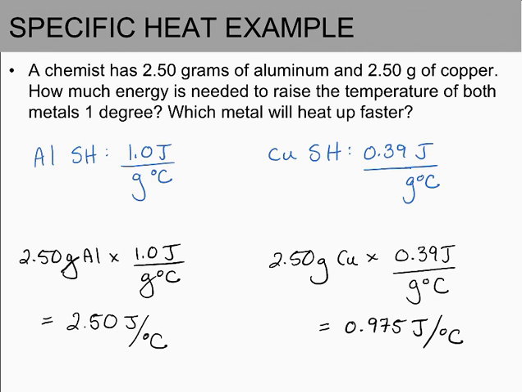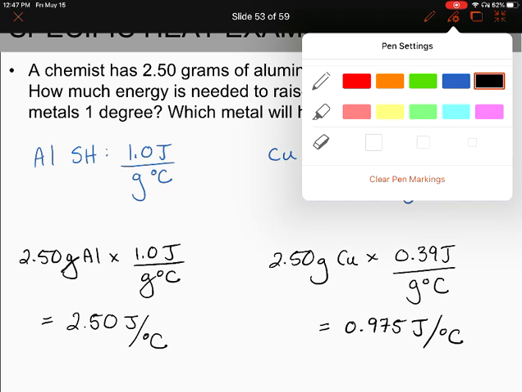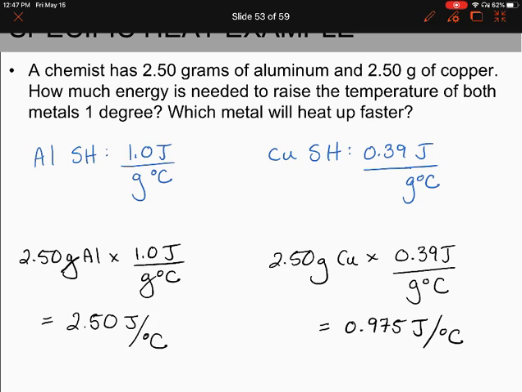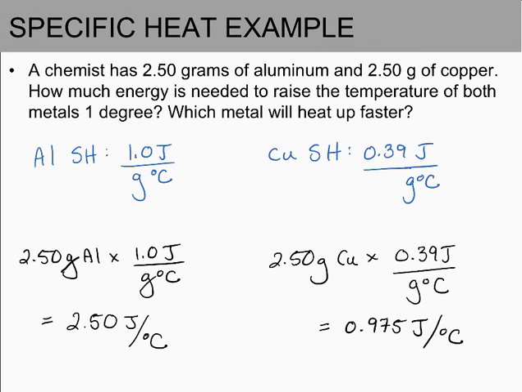So what this tells us is that if we're trying to raise the temperature of both aluminum and copper by 1 degree Celsius, we need a lot more energy for aluminum. We need 2.5 joules for every degree Celsius, whereas for copper, we need a lot less of this energy. So we only need 0.975 joules per degree Celsius.